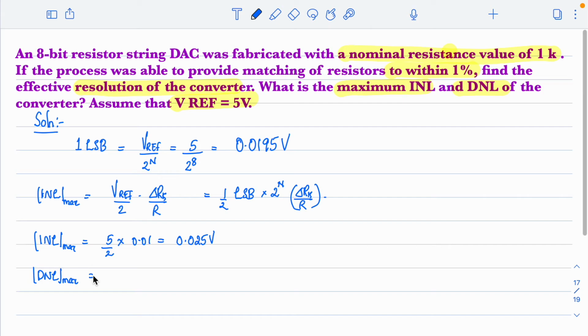DNL max is equal to Vref divided by 2 to the power of n into delta Ri by R, which is equal to 5 by 2 to the power of 8 into 0.01. So you will get the DNL max value as well. Are you getting these answers? INL max is this, and what is DNL max?